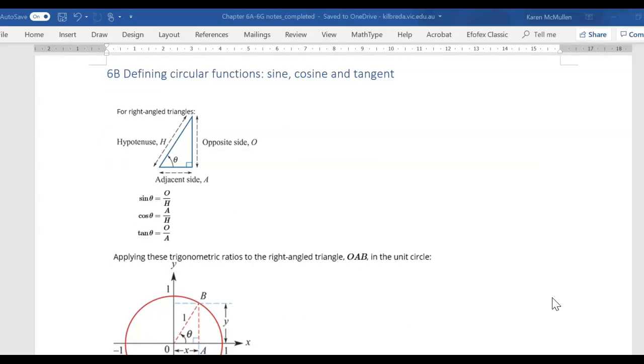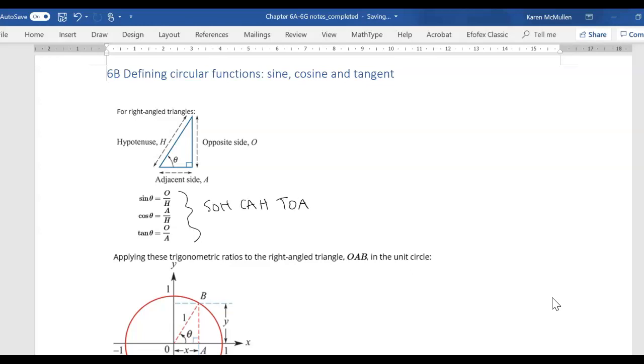All right, so the easiest way to explain what sine, cosine, and tangent are and how they relate to your unit circle is just to use a right angle triangle. Okay, so we all hopefully are familiar with SOHCAHTOA, which is what we've basically got here. You've done these trig ratios since year 9.